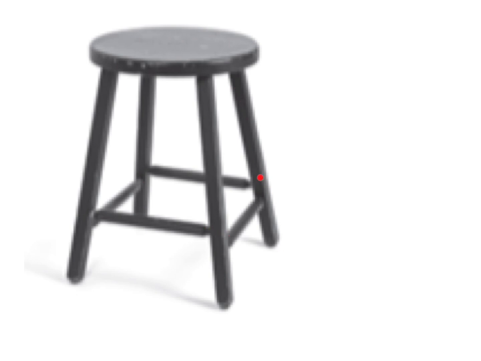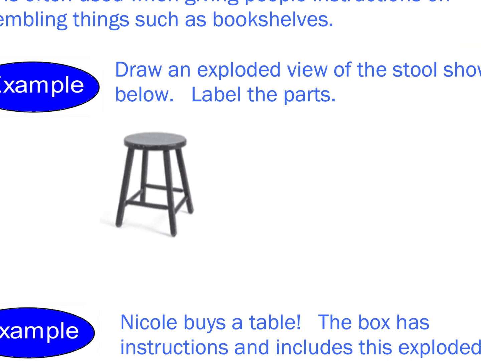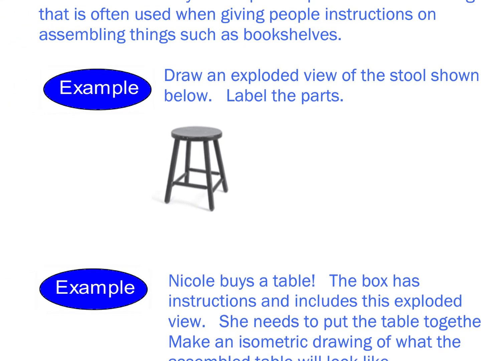What do you think these things are? We could probably call them braces or maybe sides, okay? So what we're going to do is we're going to draw an exploded view diagram of this.